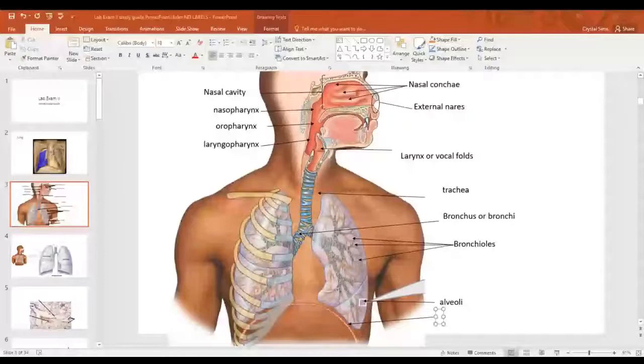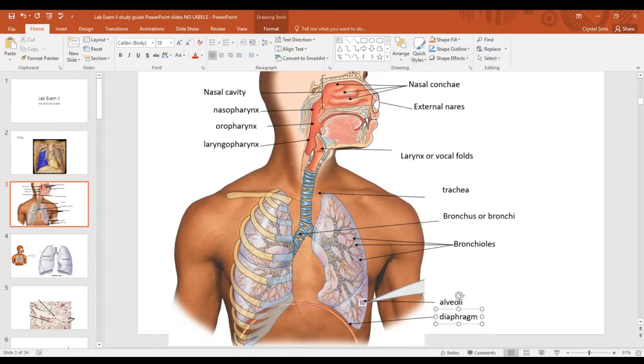These little terminal structures that are pointing to here, we haven't made it to the alveoli yet. Before we get to the alveoli, we get to the bronchioles. So that structure is actually the bronchioles. On the test, the figure that you have will be a little bit clearer for you to distinguish between the two.